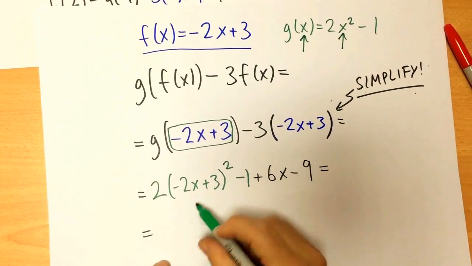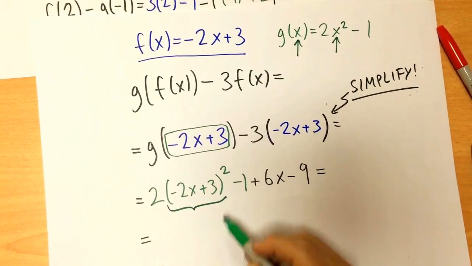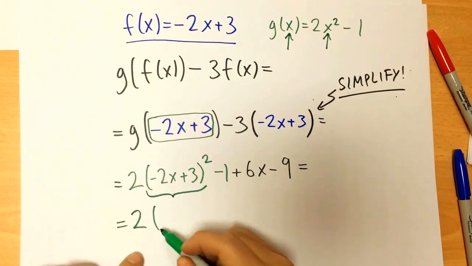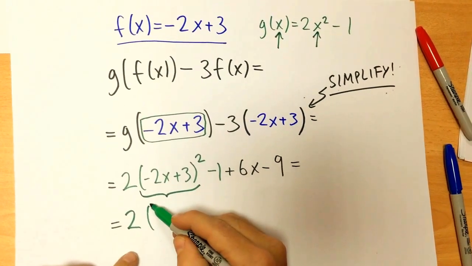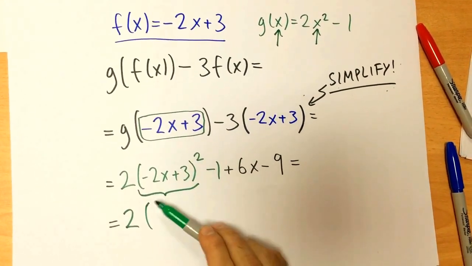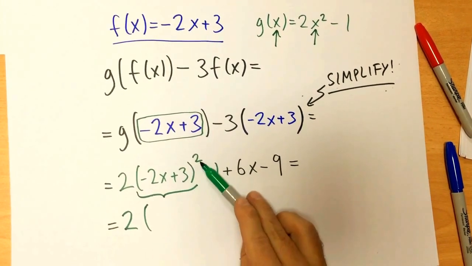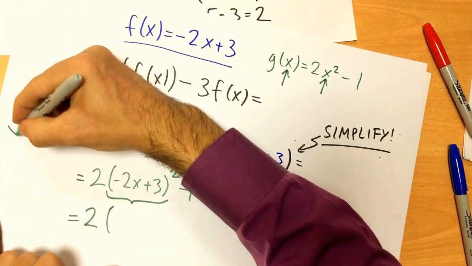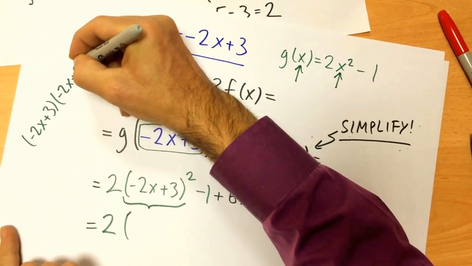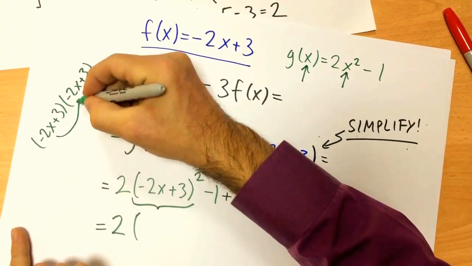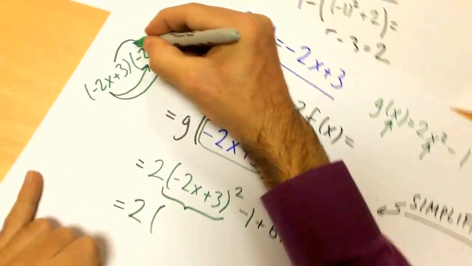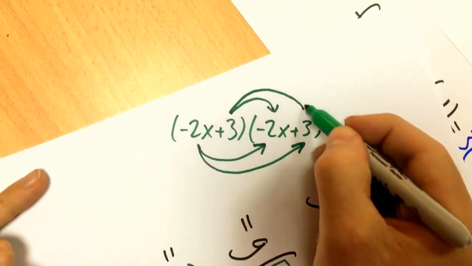Here, this guy here is equal to 2 times, and here, if you feel that this is difficult, pause the video and do it for yourself carefully, because this negative 2x plus 3 squared, you can rewrite as negative 2x plus 3 times negative 2x plus 3, and you do the FOIL. This times this, times that, the 3 times negative 2x, and the 3 times 3.